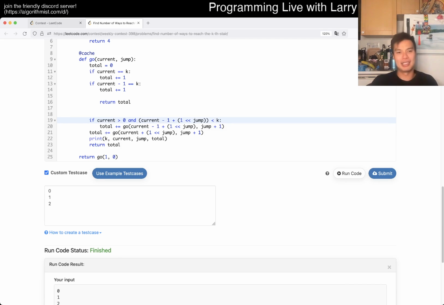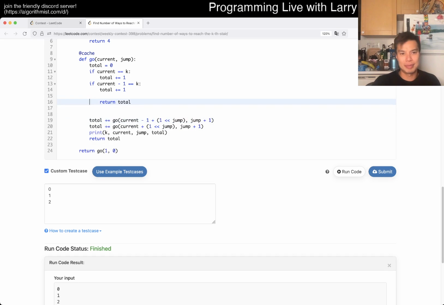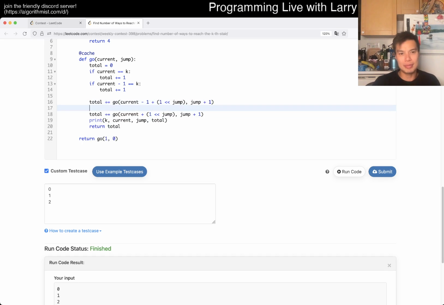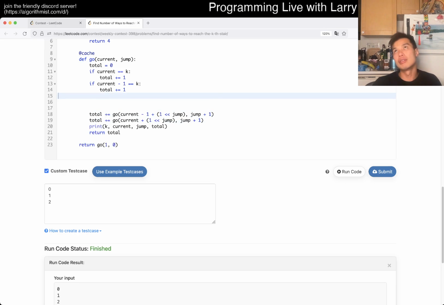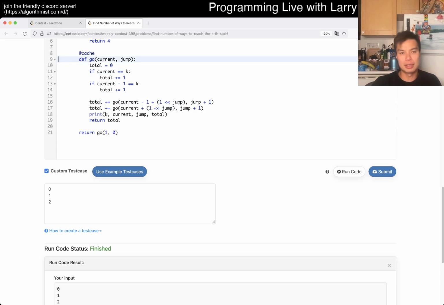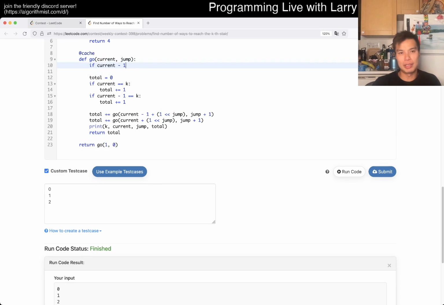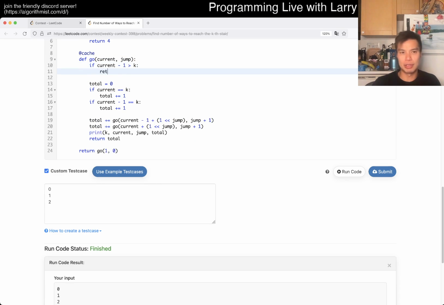What is the base case, Larry? Base case is if this is... the base case is if current minus 1 is greater than k, then we just return 0.